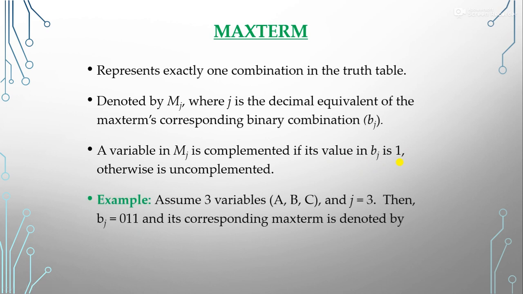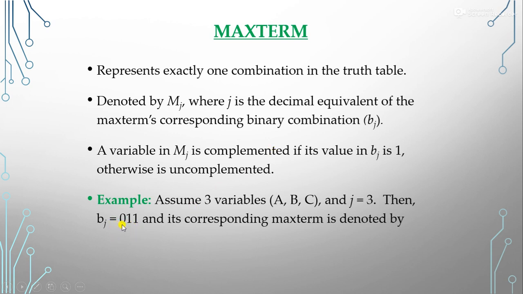Like an example here, if we have three variables a, b, c, and our bj is 0, 1, 1, what will be the max term of this? How can we denote it by the max term? For 0 there is no complement, it is uncomplemented, and for 1 we use the complemented variable.